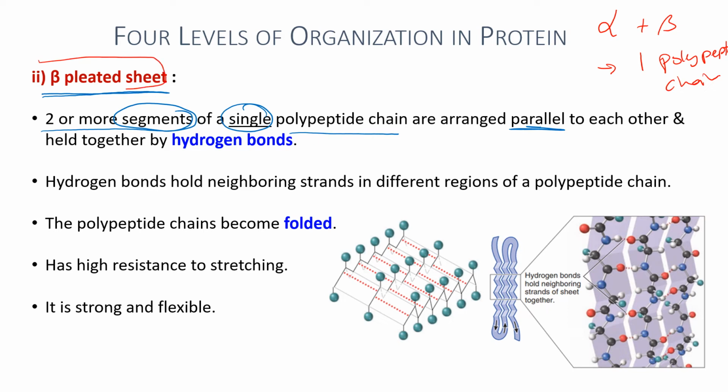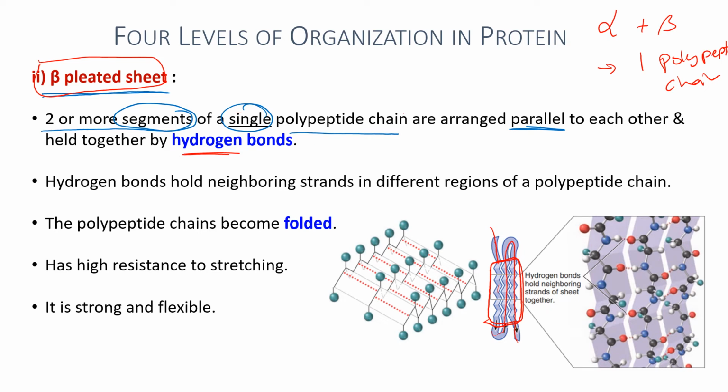The same goes for the beta pleated sheets. It is one polypeptide chain that is folded, like this one here. The segments that are parallel to one another will be folded, and the folded regions here will be held together by hydrogen bonds also.